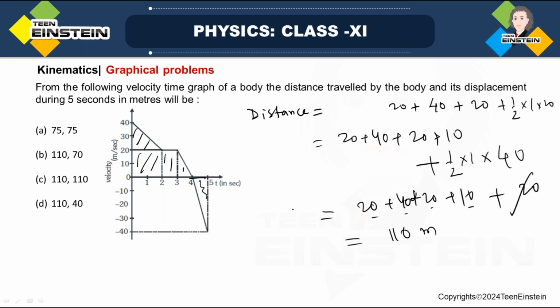What about this displacement? Displacement will be actually, so displacement will be, see here there will be minus sign, that's all.